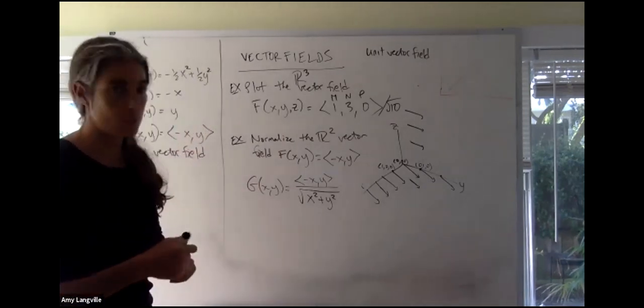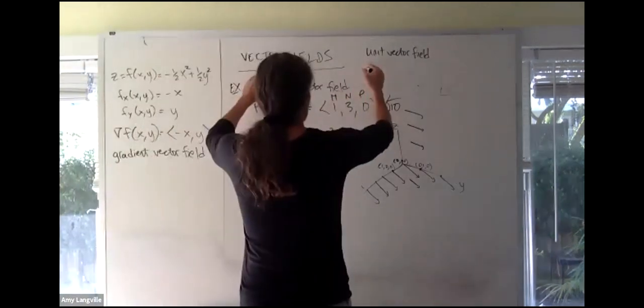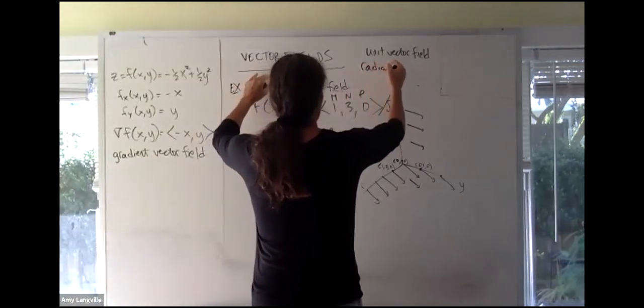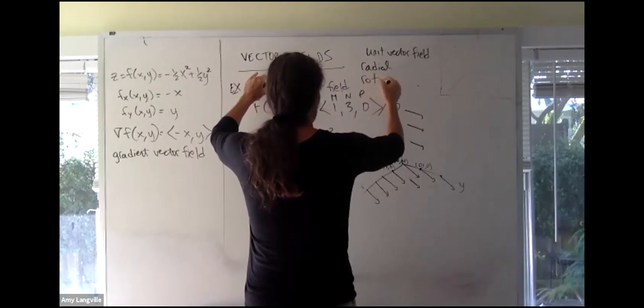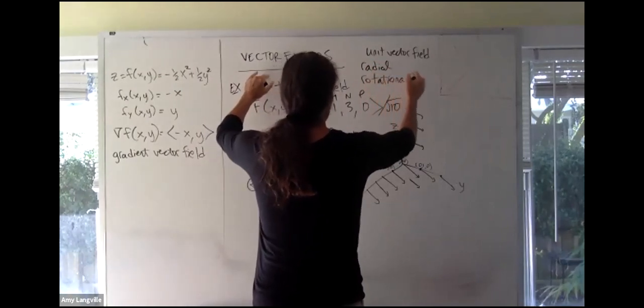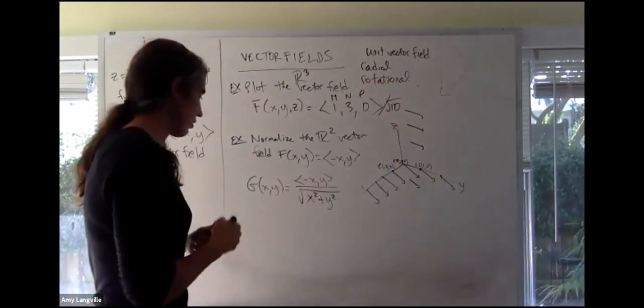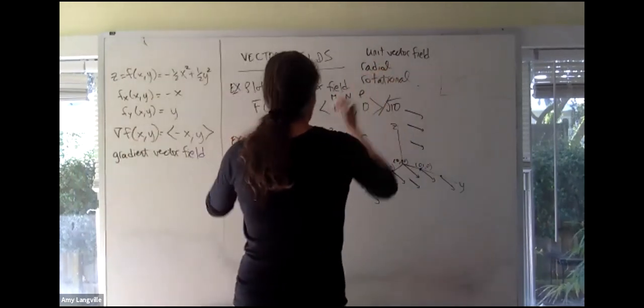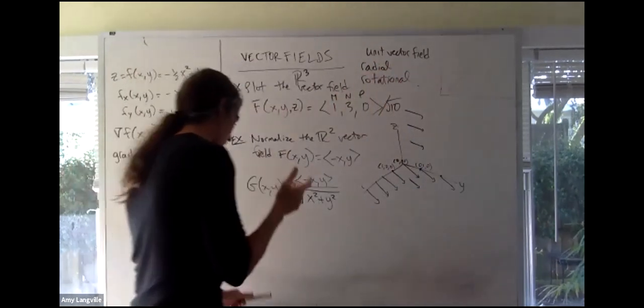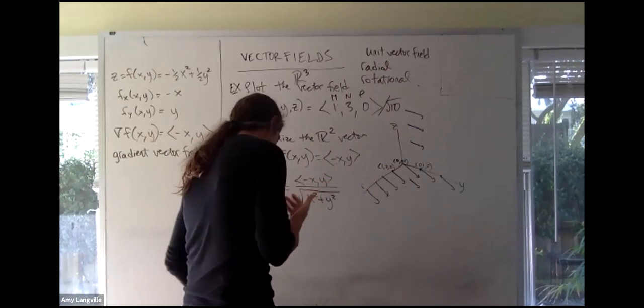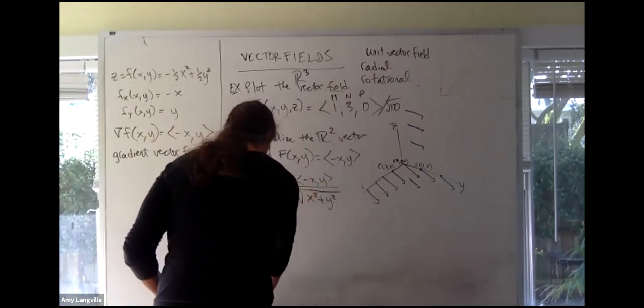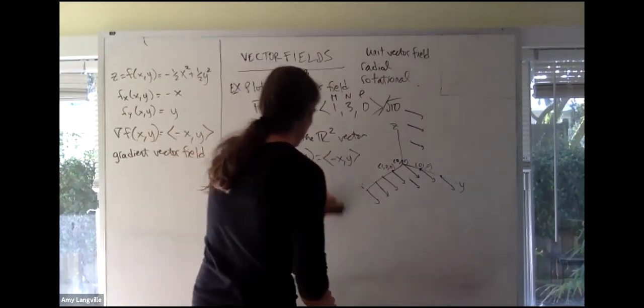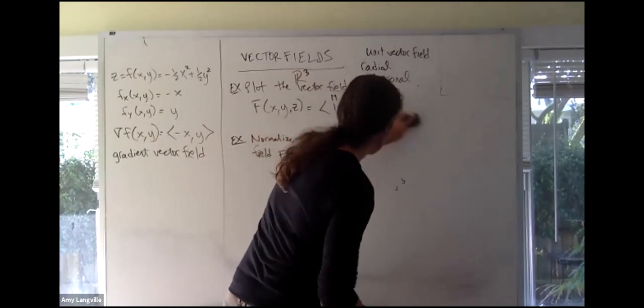Okay, a couple other terms we need to know. So unit vector field, there's something called a radial vector field and a rotational vector field. A radial vector field, its name is suggestive. Let's do one, squeeze it in here.